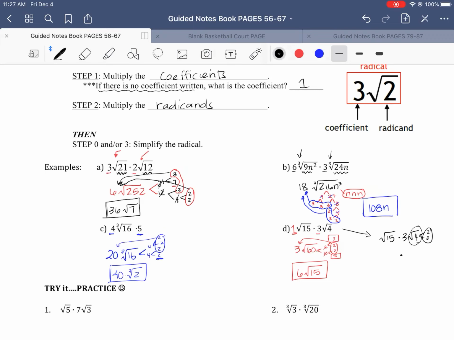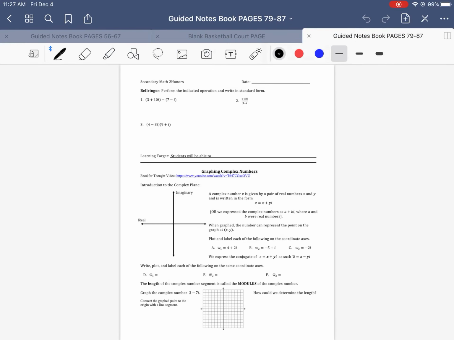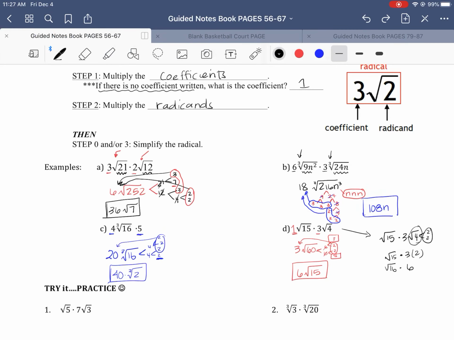So this is really the same thing as the square root of 15. And then we have 3 times the 2. So that's like 6 times square root of 15. Or in other words, exactly what we wrote. 6 square root of 15. Oh, I wrote a 16. Oh, I don't know what happened. Sorry about that. Okay, sorry, that's a 15.